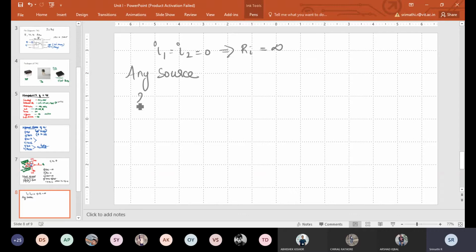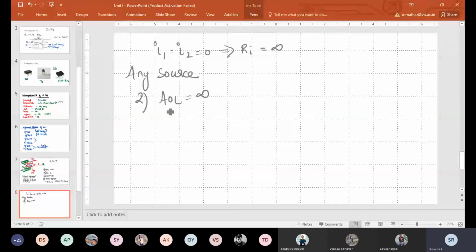So case number 2 is the gain is infinite, that is AOL. I'm telling it as infinite. Since the gain is infinite, the voltage between the inverting and the non-inverting terminal, that is the difference potential, will be essentially 0 for a finite output voltage.